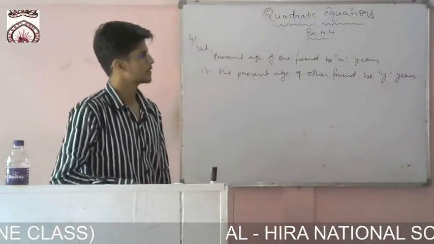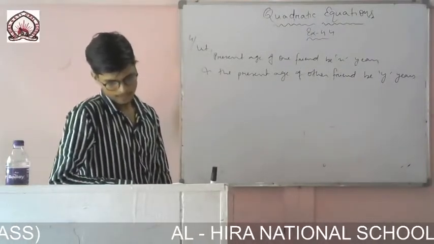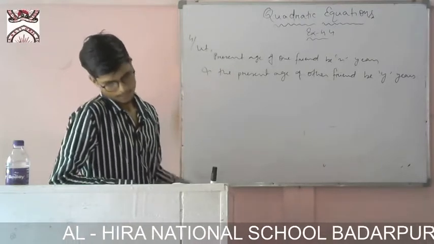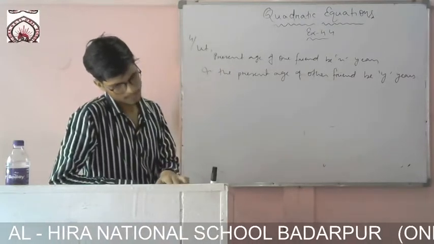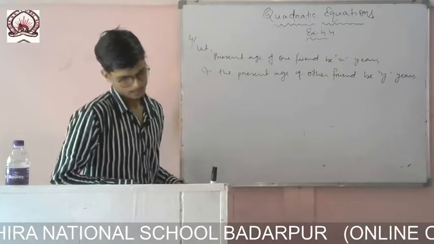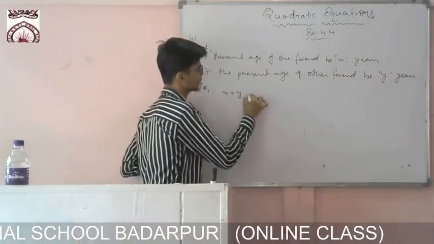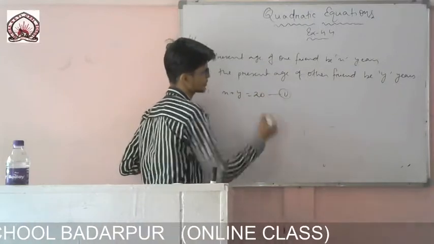Now it is given that the sum of their ages is 20. So the first equation is x plus y equals 20.